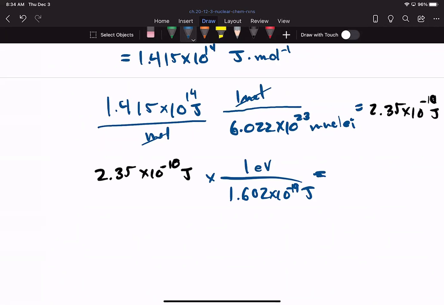And this value here, 2.35 times 10 to the minus 10, I get 1.47 times 10 to the 9 electron volts.